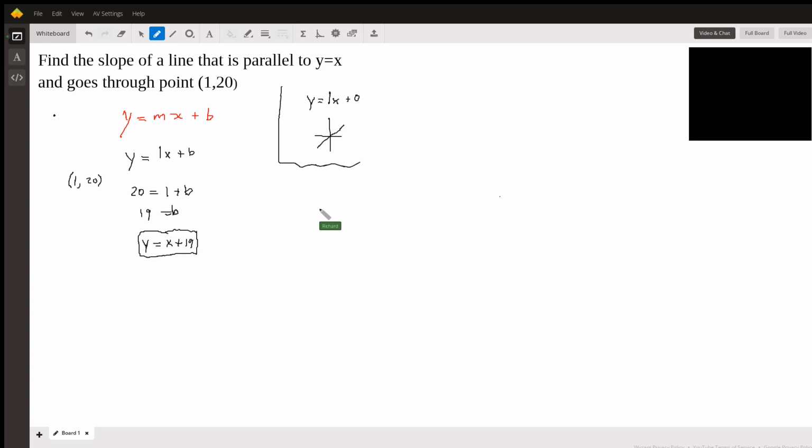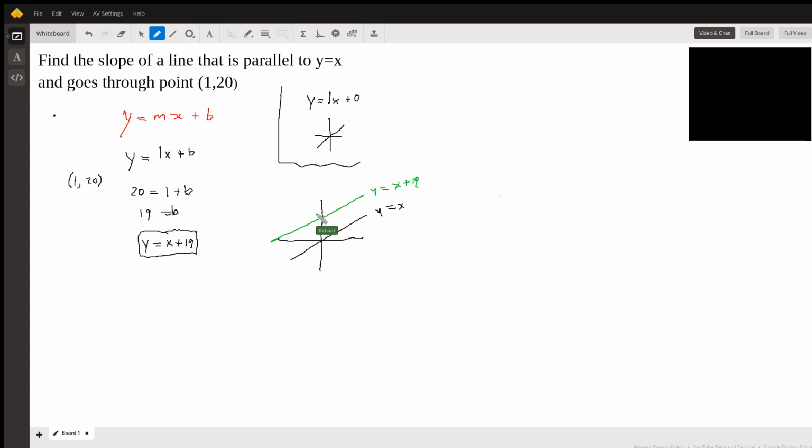I think it's good to have a visual here. So I'm going to repeat y equals x, that line that we graphed right up here. If I wanted to graph the line y equals x plus 19, it would look just like this. It would be parallel. y equals x plus 19.